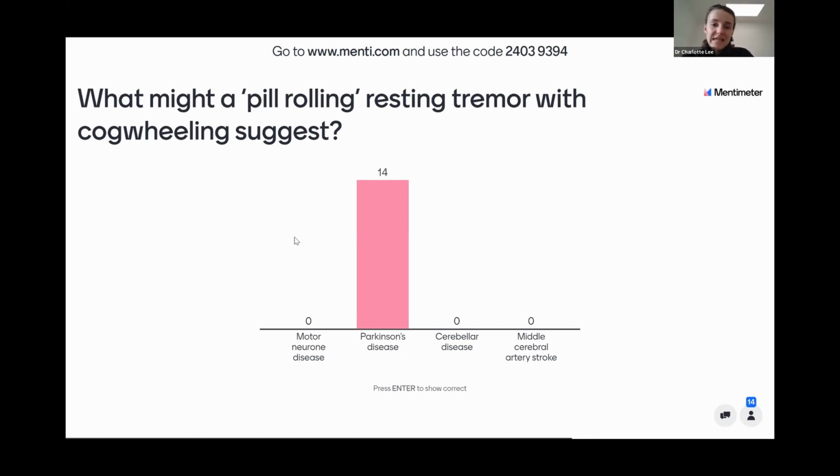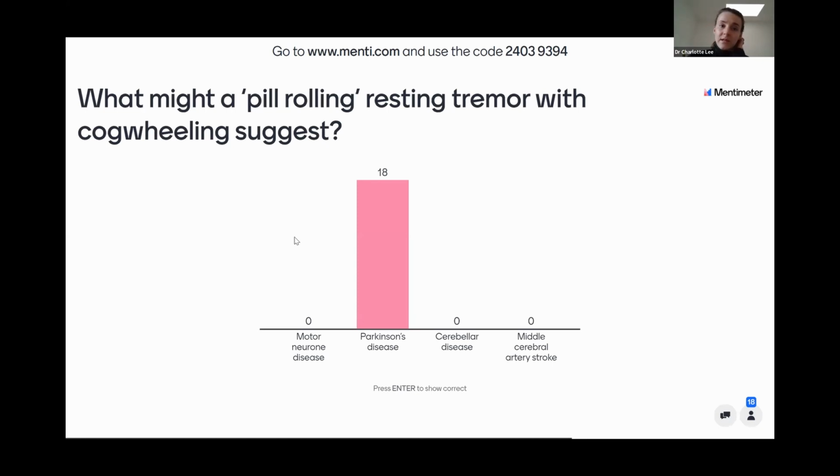Hopefully a fairly straightforward one to start with. So you may well notice some forms of tremor with cerebellar disease as well. With motor neuron disease, if they've got muscle weakness, you might notice some tremoring, or obviously some weakness with a CVA stroke.